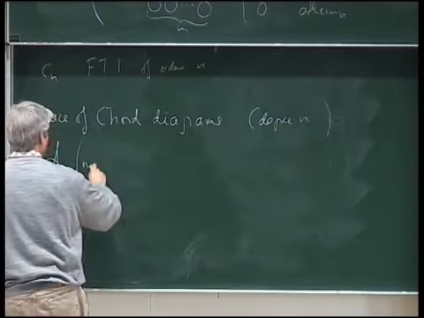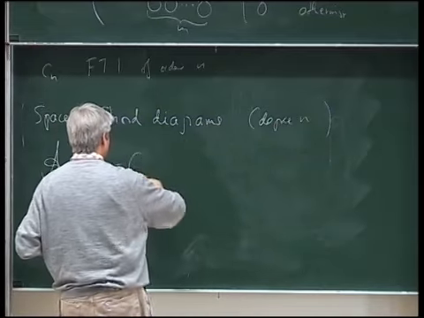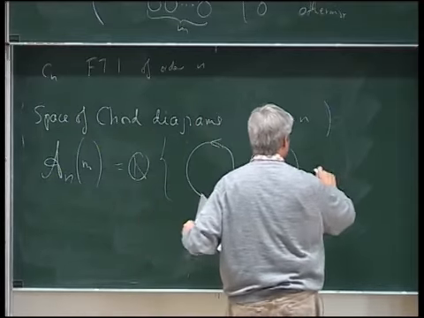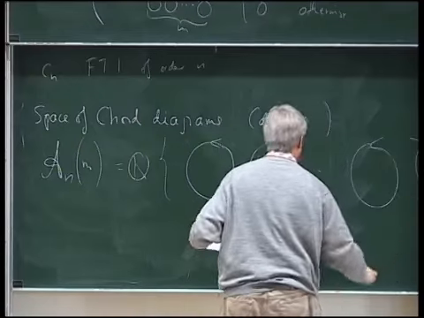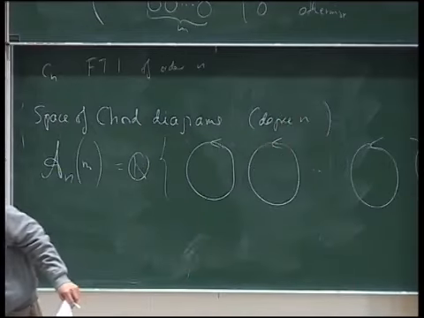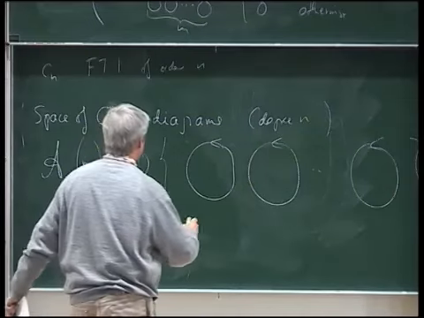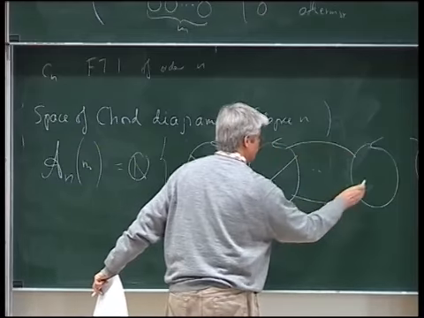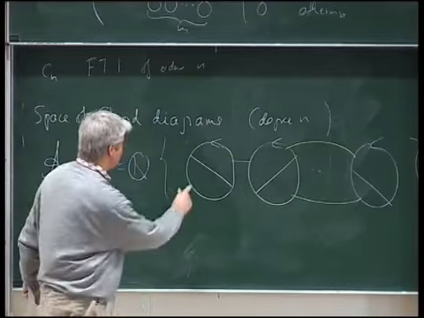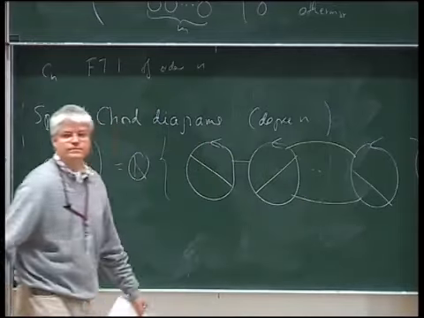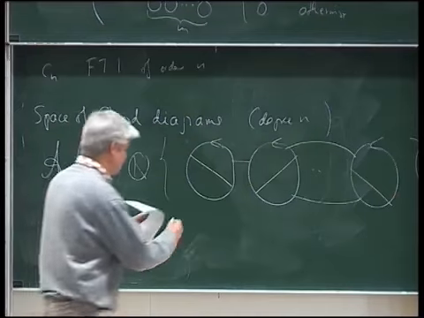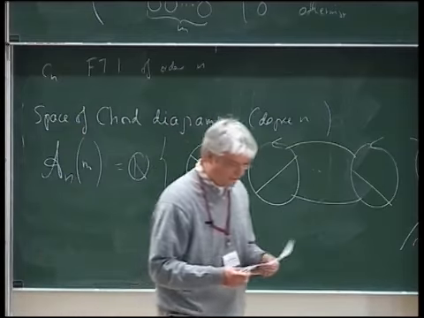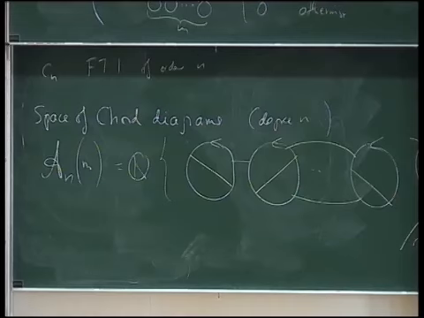I have a Q vector space generated by things where I have my m circles, like this. And then I put some chords on it, for example, like this. So this would be degree 1, 2, 3, 4, 5, 6. And then there are some relations, which I'm not going to give you now. And it's really amazing that we actually don't know the dimension of this space.